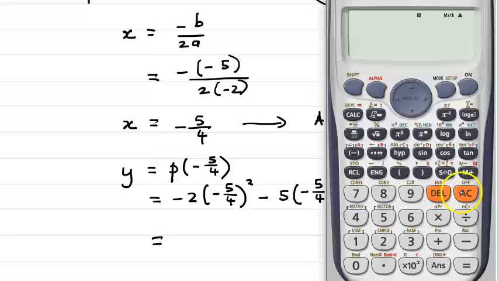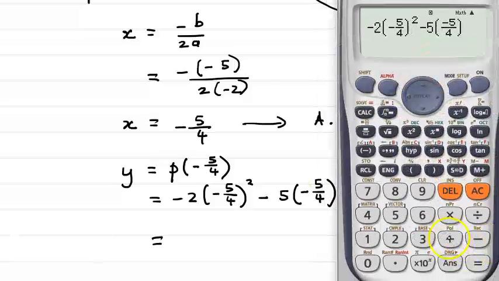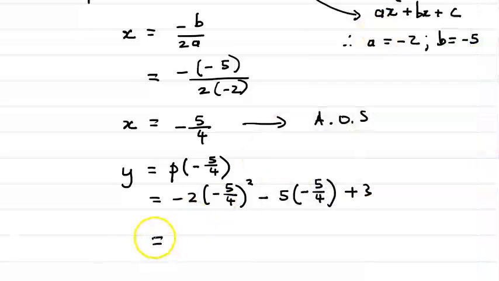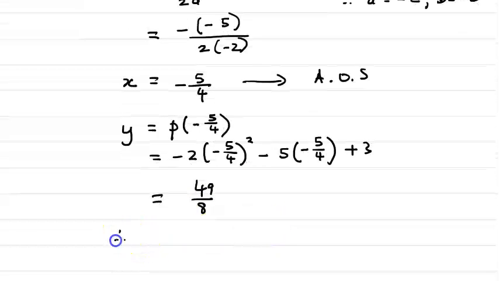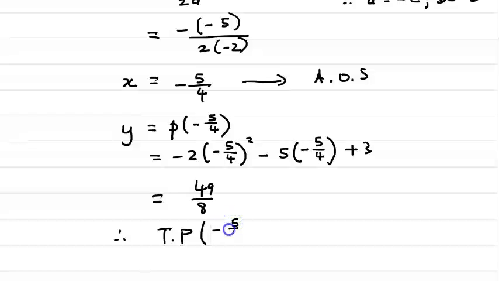Let's put that in our calculator, which is equal to 49 over 8. Therefore, we can conclude that the coordinates of the turning point is minus 5 over 4 and 49 over 8.